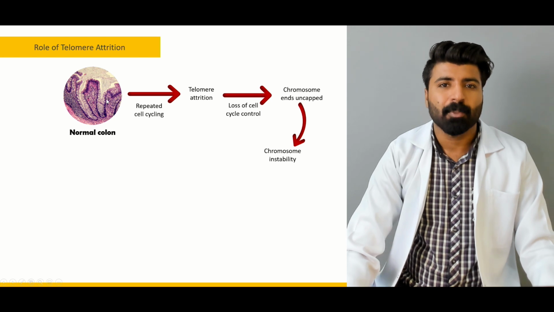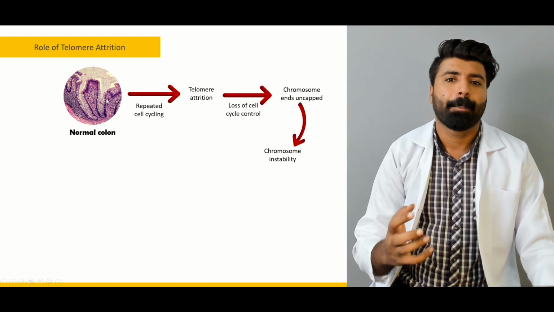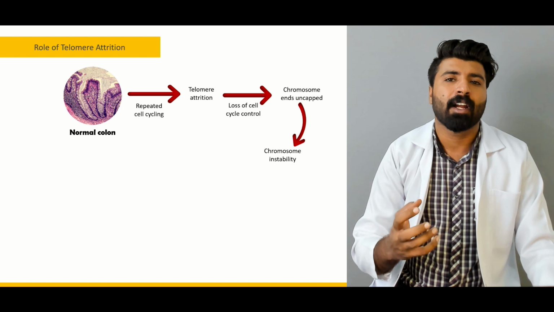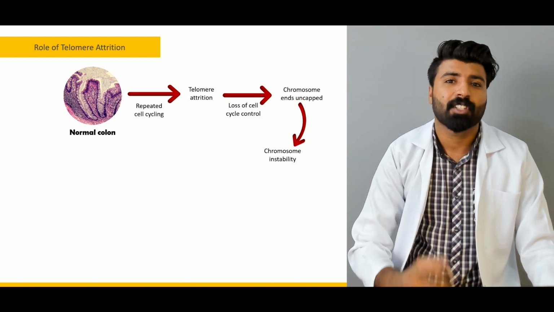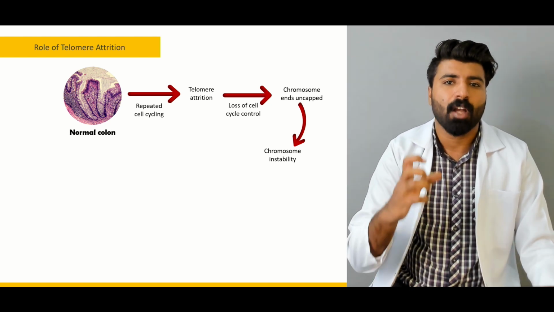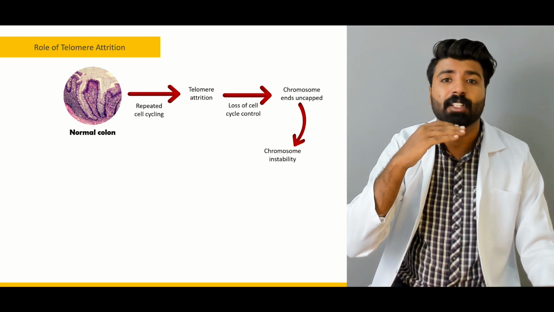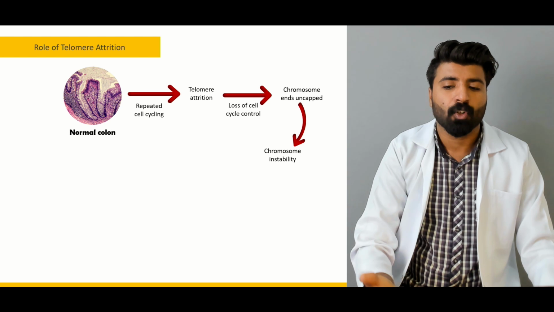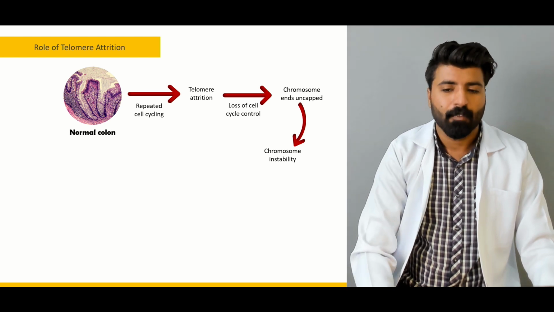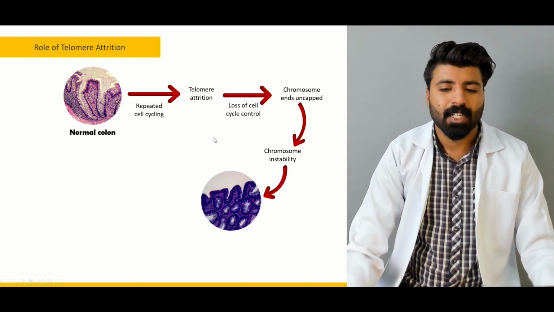So chromosomal instability develops because of telomere attrition, when the chromosomes are uncapped and there's no protection. What will be happening? This kind of result will be seen.